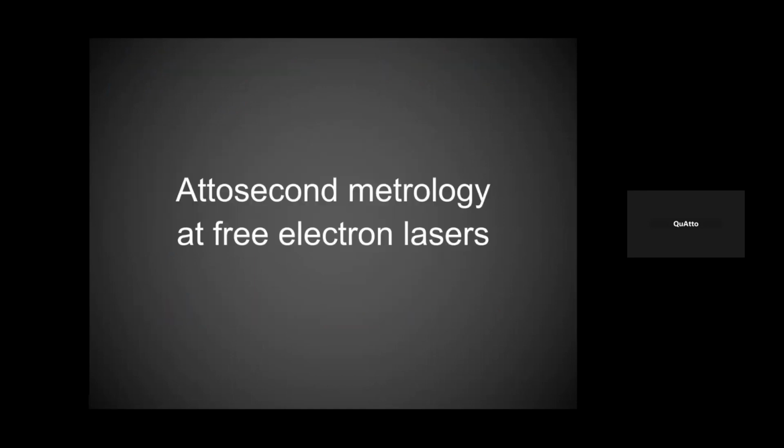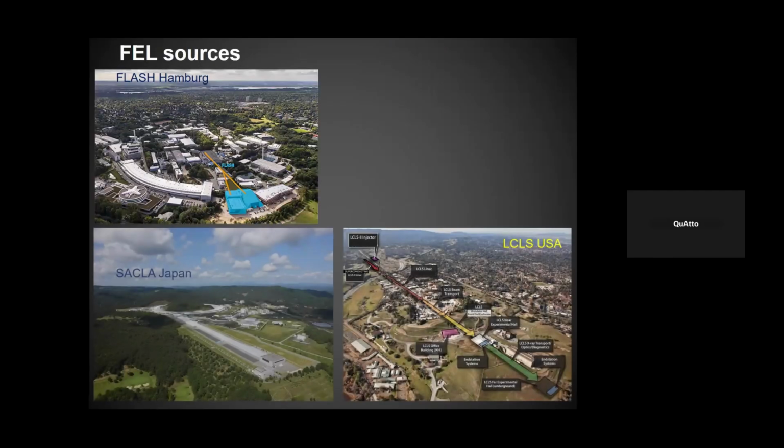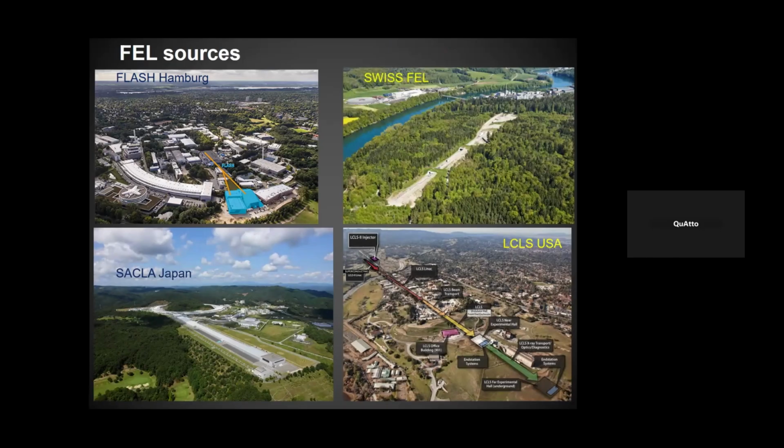Okay. Now, the last part of the talk, I would like to say a few words about metrology of isolated attosecond pulses in free-electron laser FEL sources. We have seen Fermi. Today there are, of course, other FELs operating in the extreme ultraviolet and X-ray. In Hamburg there are now two free-electron lasers, the very first one which came into operation is FLASH.